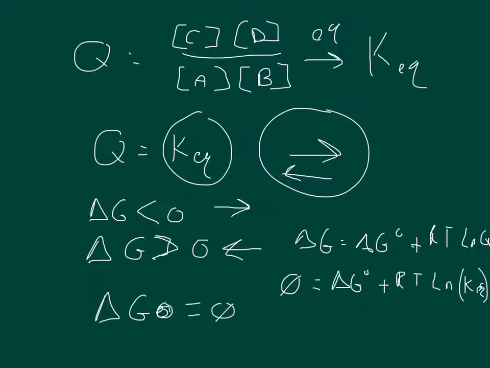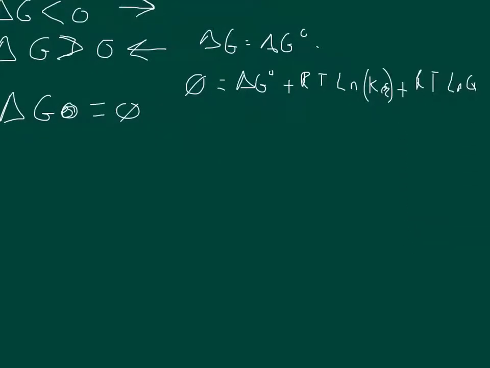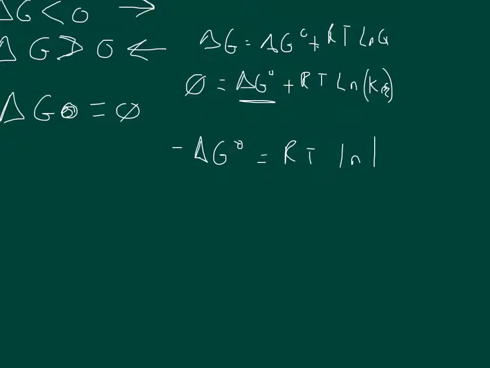So now if we know what the equilibrium constant is, we can calculate what delta G standard state is, because we could subtract this over. So negative delta G standard state is equal to RT natural log of KEQ, right? So we would just change that up.